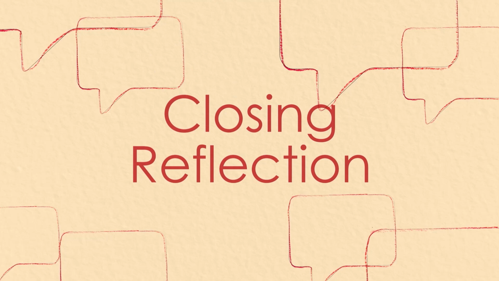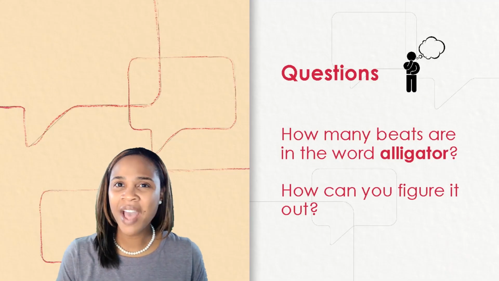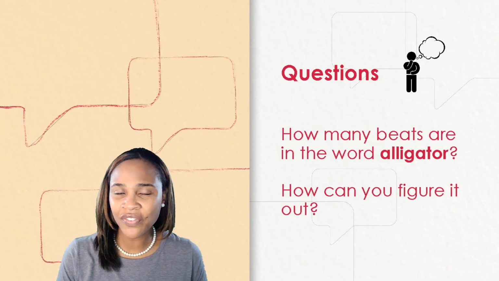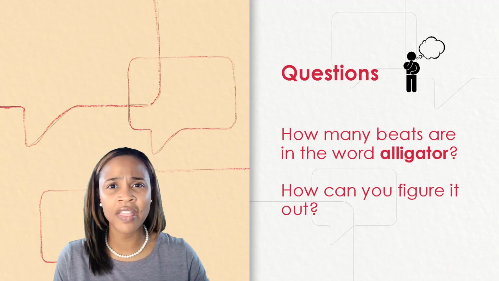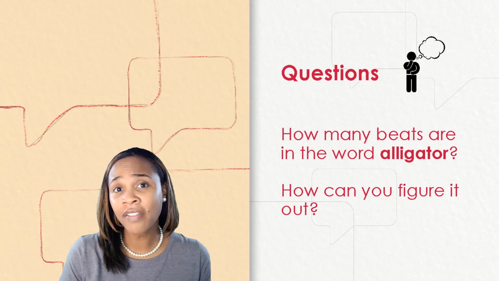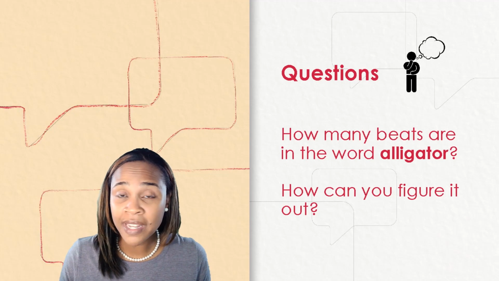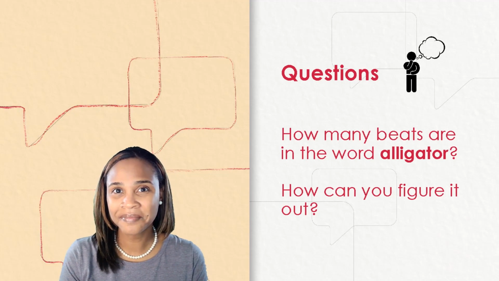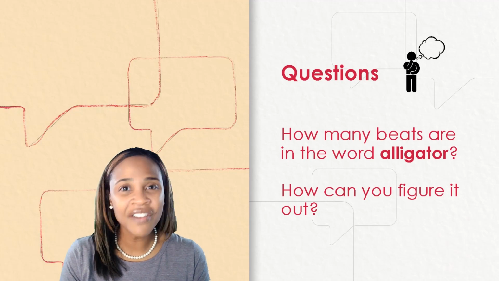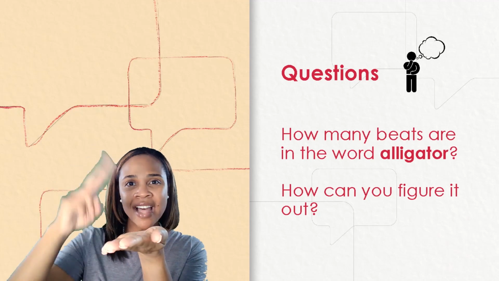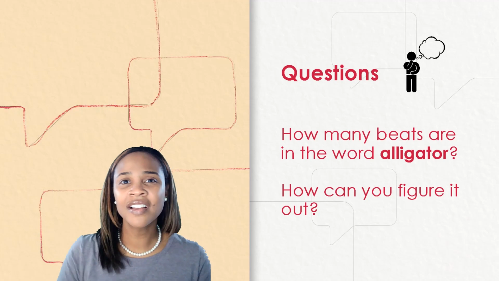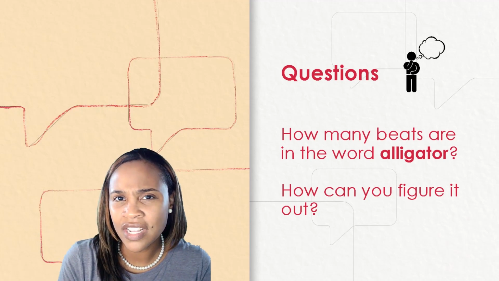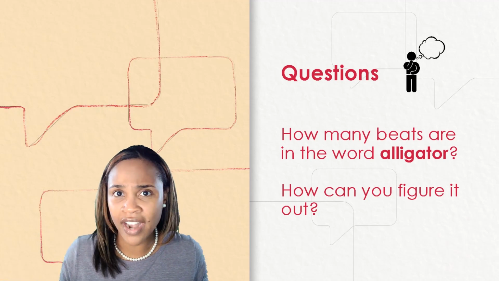Closing reflection. As we come to reflect on our lesson for today, let's think about these two questions. My first question is, how many beats are in the word alligator? Right, 4 beats. Alligator. My second question is, how can you figure it out?